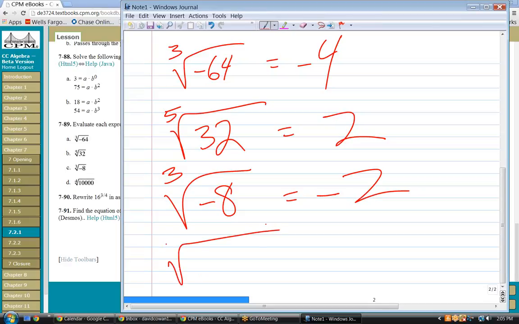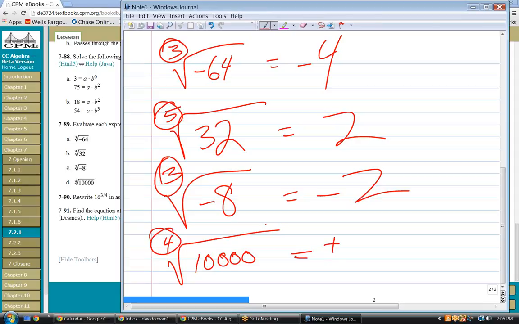And the last one. Notice the difference between the last one and the previous ones. These are all odd roots. This is an even root, which means it's going to be plus or minus something. Odd roots are either plus or they're minus, but they're not both. But even roots are always plus or minus.